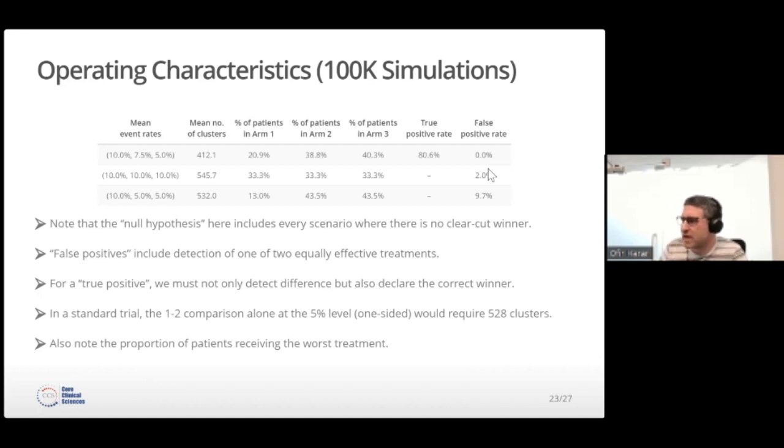Whereas if we conducted just a 1-to-1-to-1 standard frequencies trial, we would end up giving 1/3 of the patients this worst treatment. So this is kind of an ethical consideration of conducting an adaptive trial.